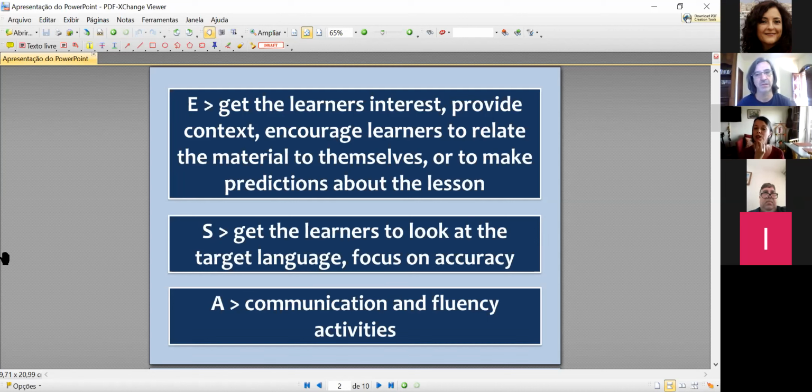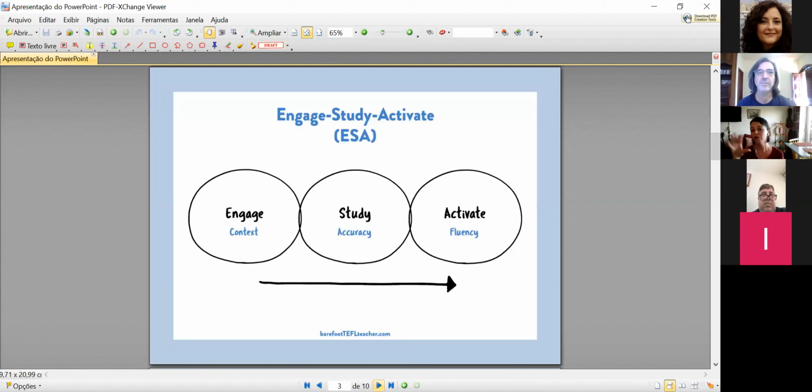And then you're going to activate. So you're going to get them to communicate. So the focus here is on communication and fluency. So these activities should be focused on communication. So they can use the language they had learned before, the vocabulary or the language structure, the grammar. So here we have a drawing, a graphic talking about this.